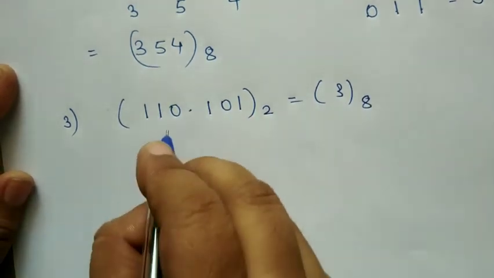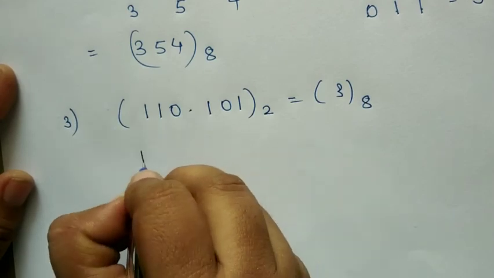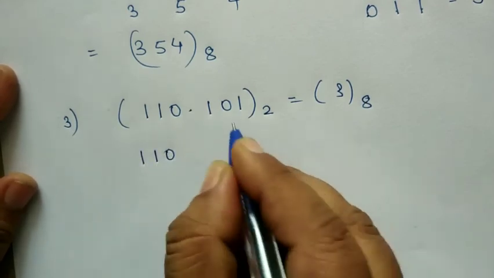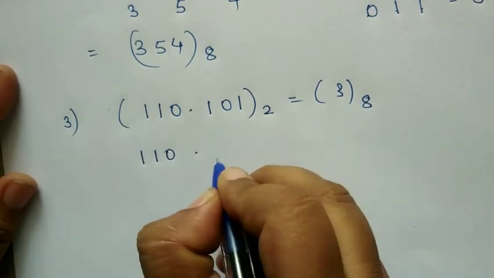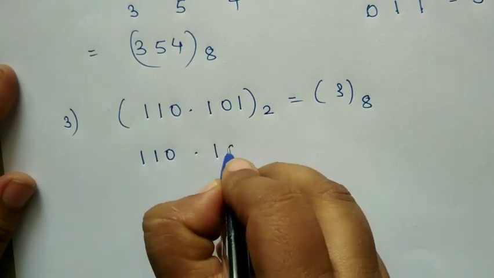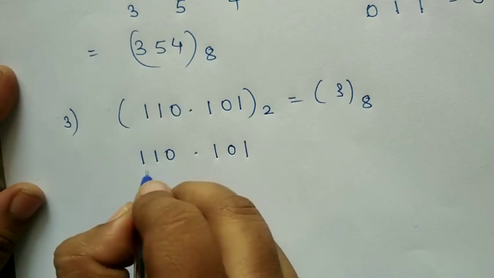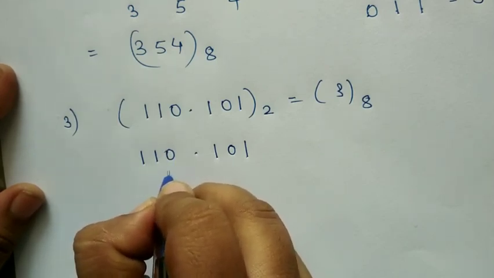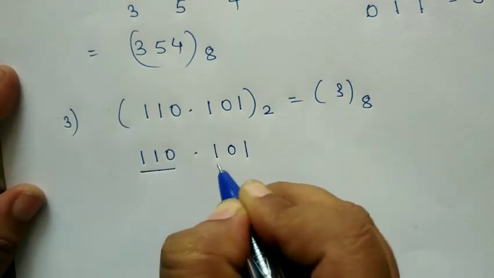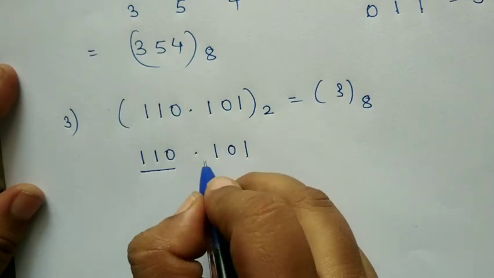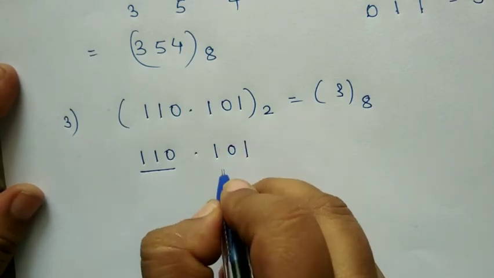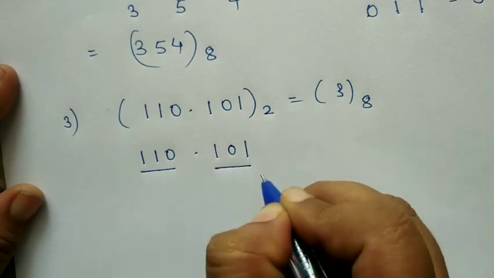Again the procedure is the same. Write down the given number, 110, this is the fractional point, 101. If the given number is an integer, divide the groups from the rightmost side. For the fractional part, divide the groups from the left side. So I will consider this as one group.